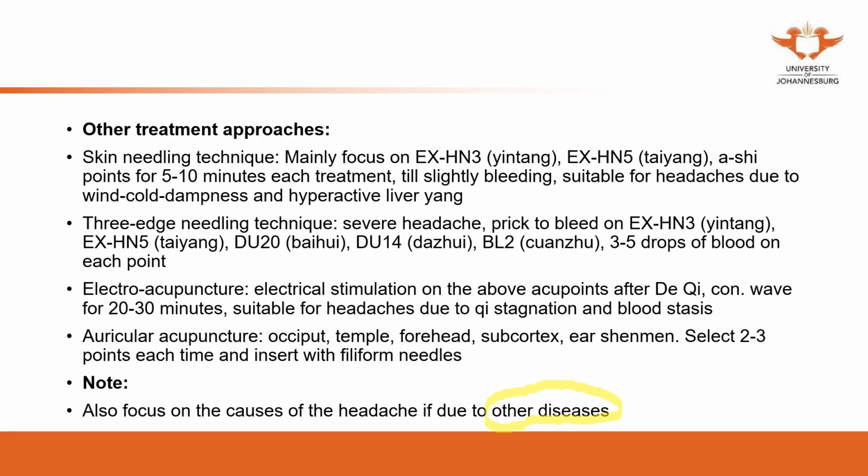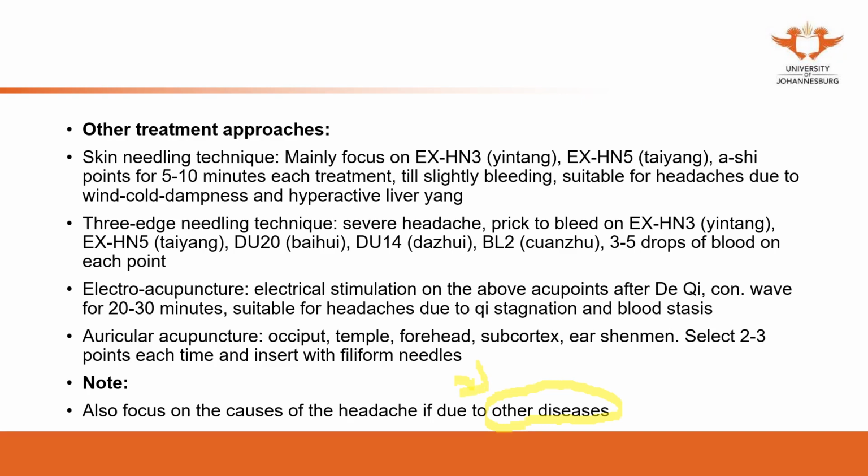For example, a patient suffers from severe headache due to stroke or severe headache due to brain tumor. Although we can eliminate the pain, it is very important to treat the underlying disease. For example, the tumor.